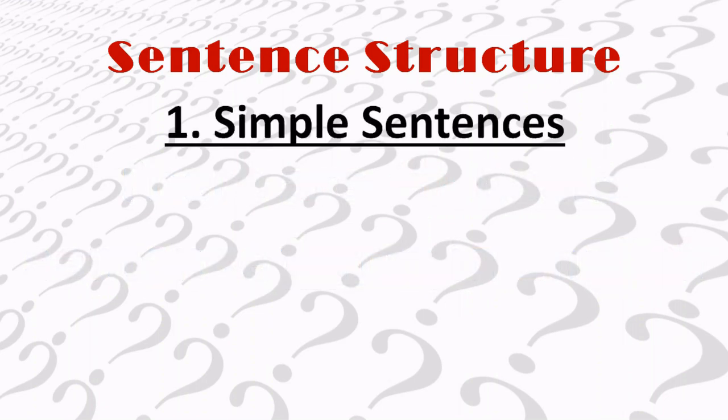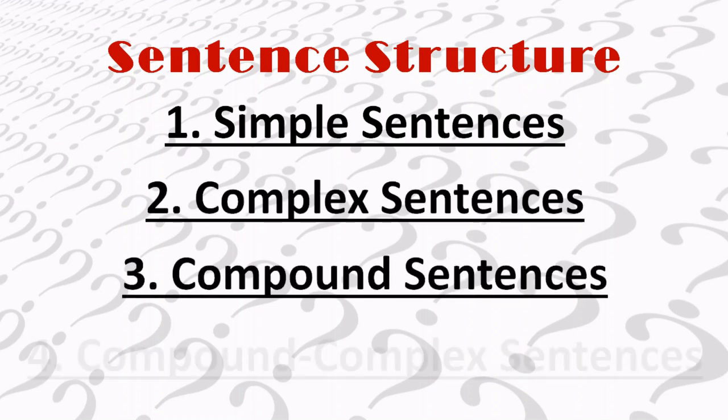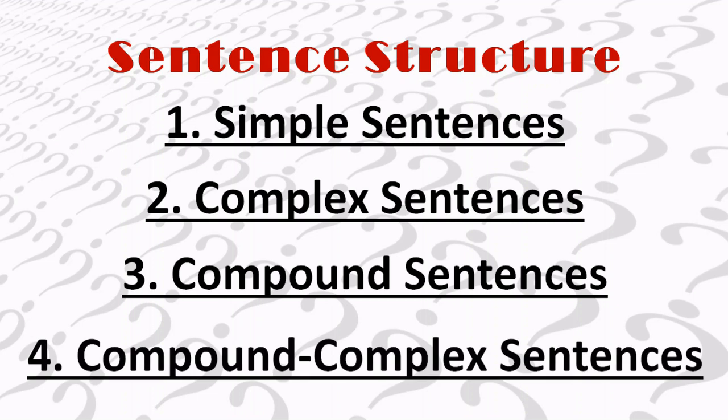Number 1, simple sentences, number 2, compound sentences, number 3, complex sentences, and number 4, compound complex sentences. This sounds quite scary, but actually it's very straightforward. Let's talk first of all, of course, about number 1, simple sentences.